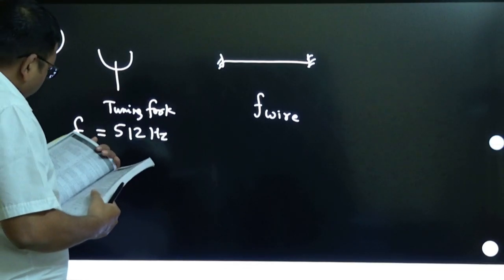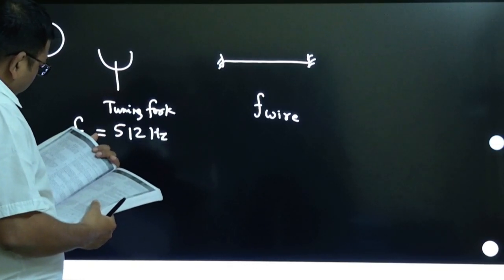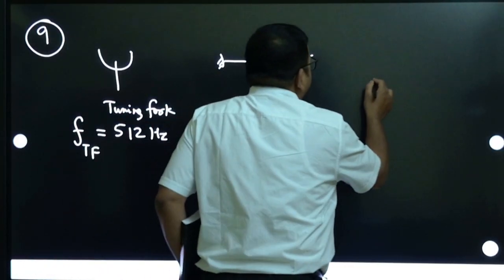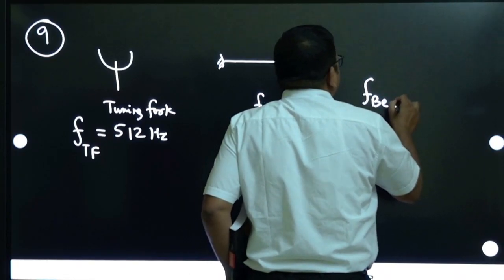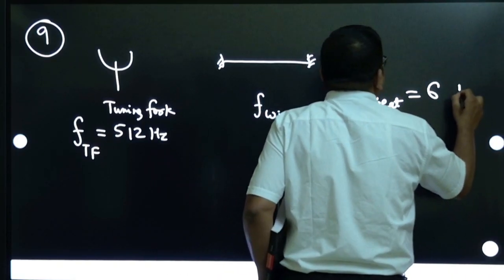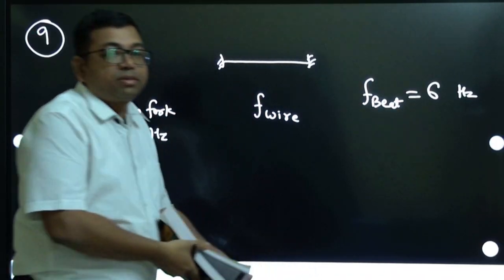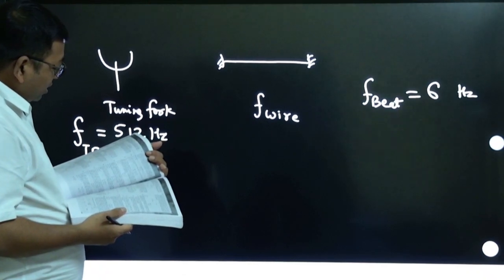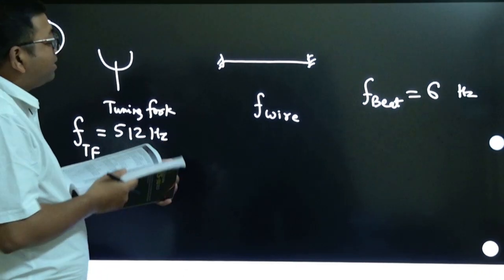Now the question is that there is a beat frequency of 6 hertz, 6 beats per second. The beat frequency reduces if the tension in the string is slightly decreased.